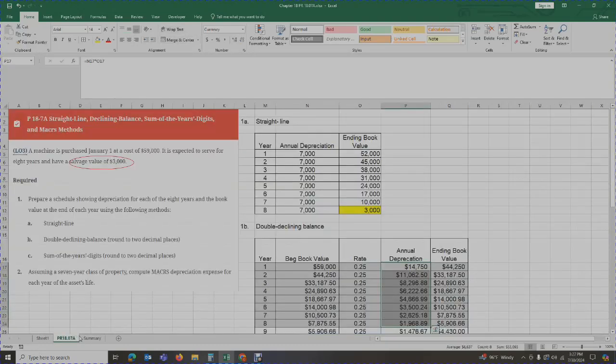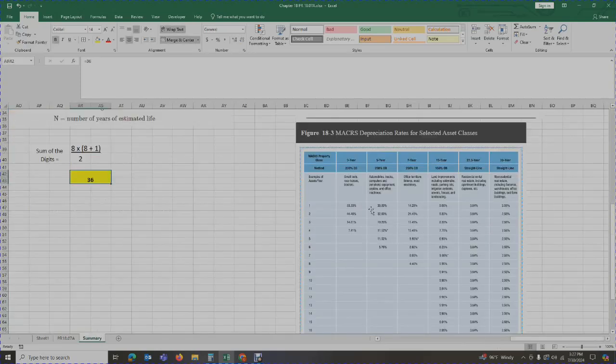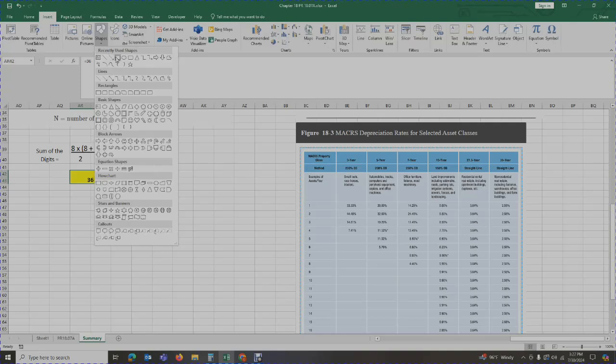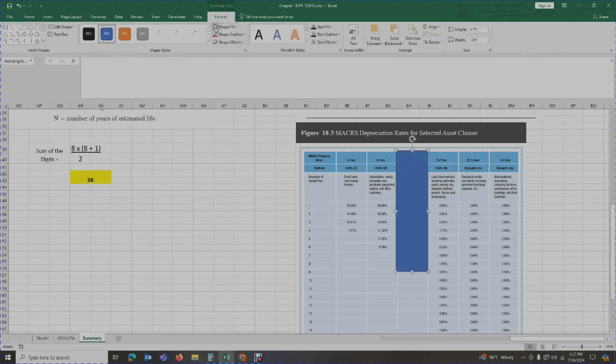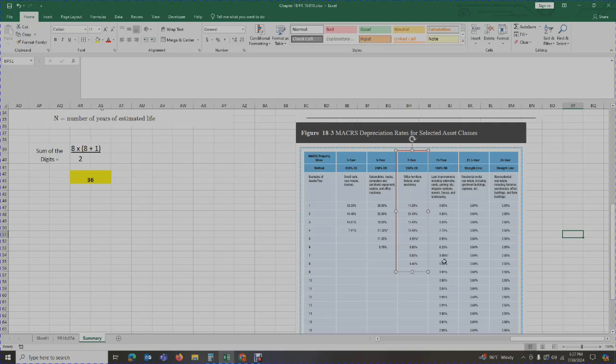Now in the problem, they're telling you that we're going to assume a 7-year class of property. So the 7-year class of property is right here. We're going to be using these rates right here. I'm not coming up with numbers in my head. It is coming straight from your book. We just need to locate the 7-year mark, and these are the rates that we are going to be using.